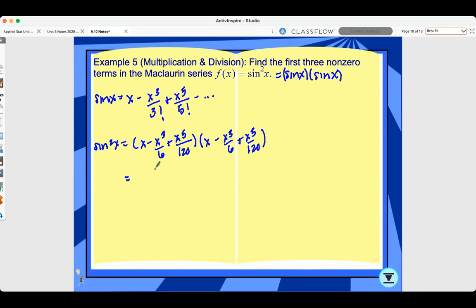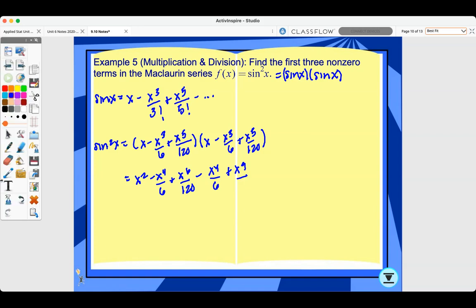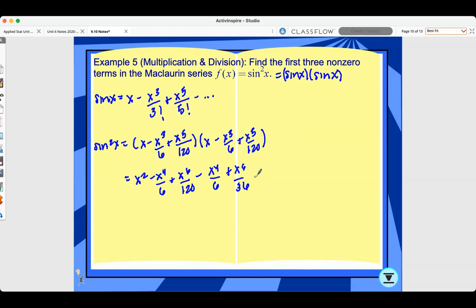So we would go ahead and multiply that out, and we would get x squared minus x to the 4th over 6 plus x to the 6th over 120, minus x to the 4th over 6 plus x to the 6th over 36, minus x to the 8th over 720.